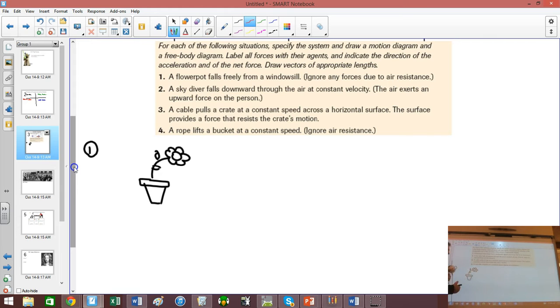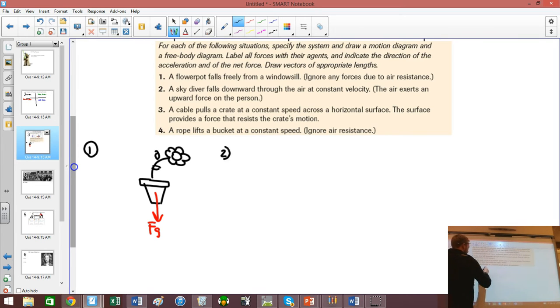So what we're going to do is draw the forces. In I think every single case we have, there's always one force that you can never escape, and that's gravity. Gravity always points towards the center of the earth. Because there's no air resistance, there's no up force. So this is the only force that's acting on this flower pot right now.